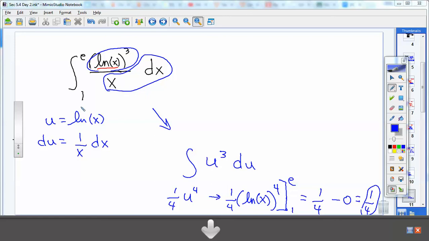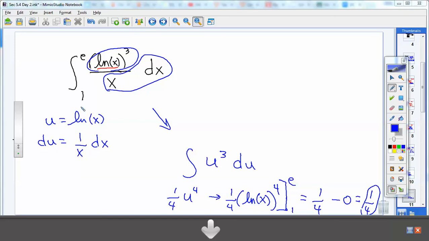Because your final answer is just a number, right? Your final answer is just going to be a number. It's not going to have x's or u's. So how you get to that number is up to you at this point. You can either stay with u's or go back to x's. Now, I doubt that it dawned on you to maybe stay with u's because we've been going back to x's. So my guess is everybody went back to x's. So let me show you that first.